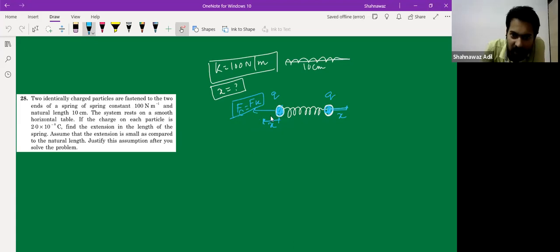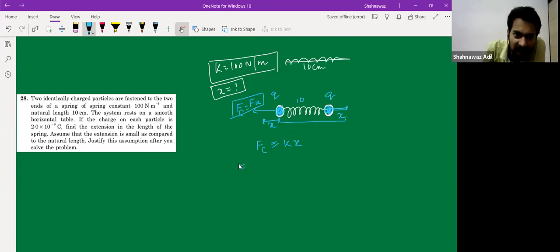So the Coulomb force would be how much? The separation is 10 plus x plus x, that is 0.1 plus 2x, right? So Fc equals Fk, and Fk is simply kx.